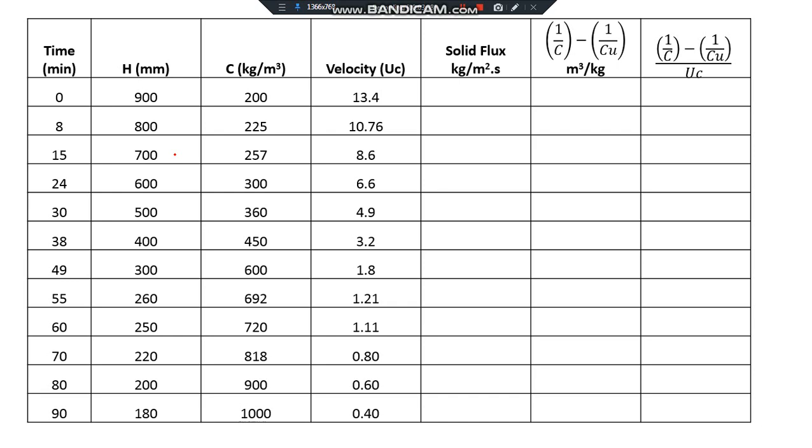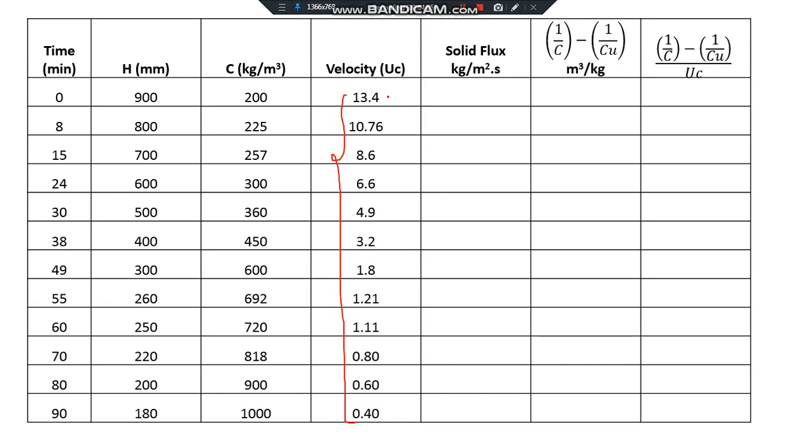Now if you observe here, you should get the values in decreasing order, because we are assuming that as you move downward, we are getting near the equilibrium where our settling velocity approaches 0. So whatever value you are getting here, maybe I am getting 13.4, maybe you are getting 15, 16, 20, whatever, but after that it should be in decreasing order.